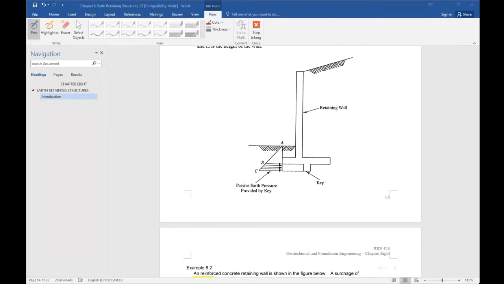But the point is to take the moment at the center of the base. That's the key issue for this calculation. I think checking bearing pressure is more difficult among all the 3 modes of failure, right? Yes, you're right.